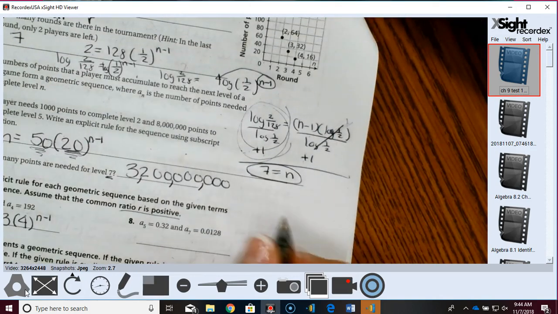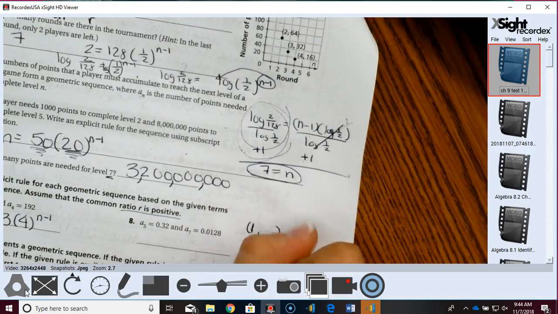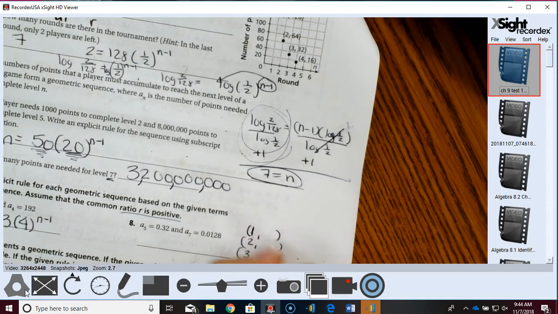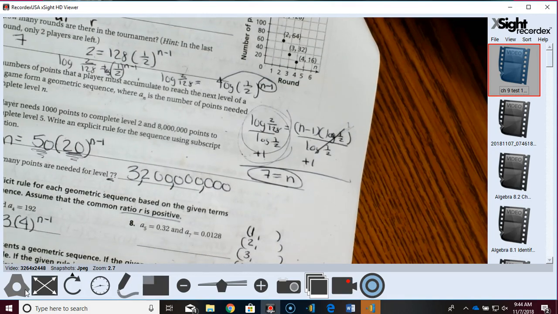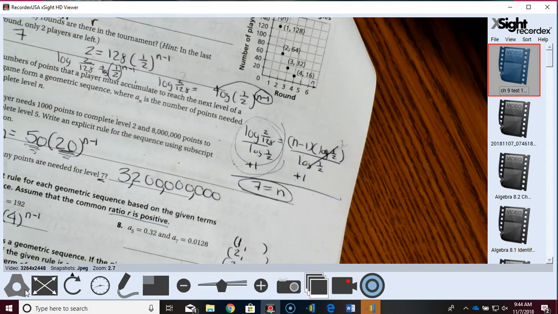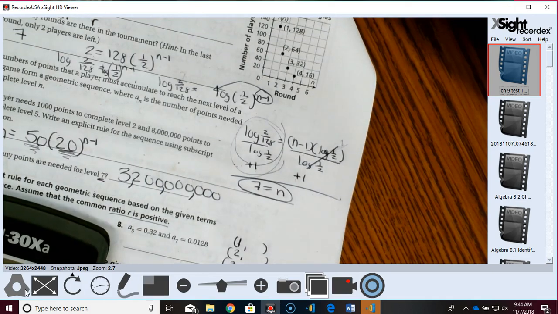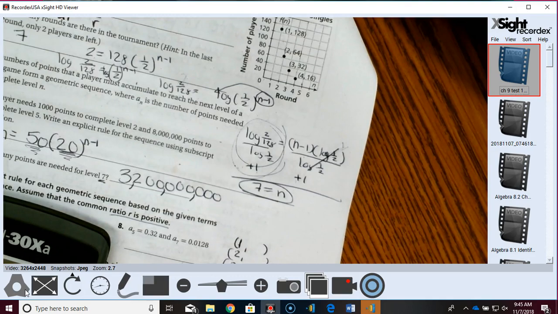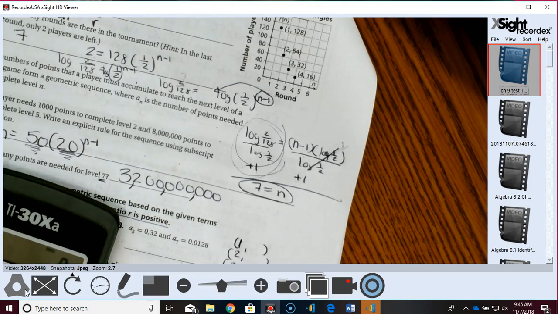So then if I'm doing this one, 0.0128 divided by 0.32 squared, it's 0.2 times 0.32, 0.064 times 0.2.